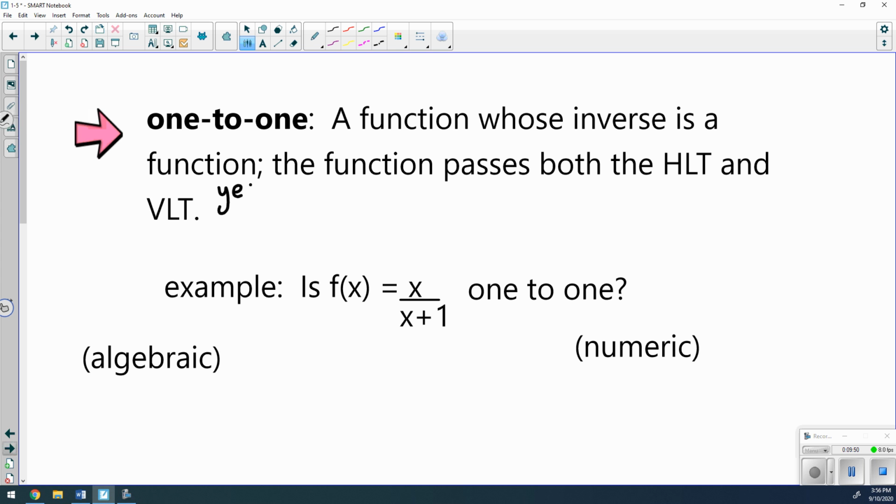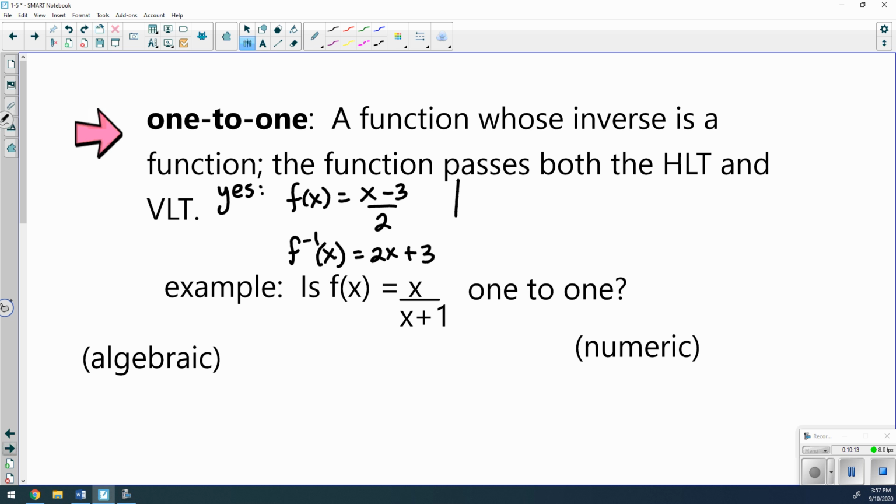So yes, a function that would be one-to-one would be something like f of x is equal to (x minus 3) over 2, and f inverse of x, which was, oh gosh, what was it, 2x plus 3. Those are both linear functions that are going to pass both the vertical line test and the horizontal line test.